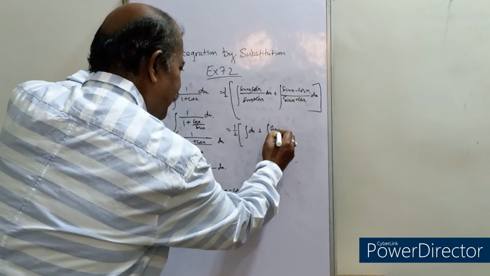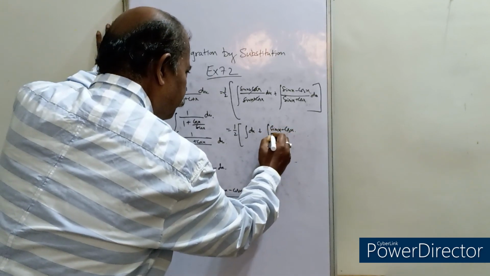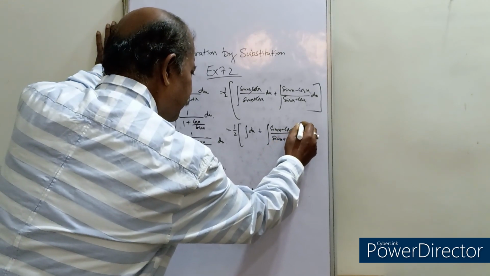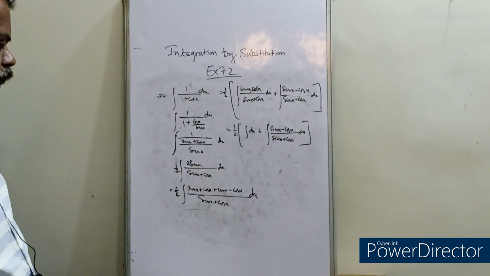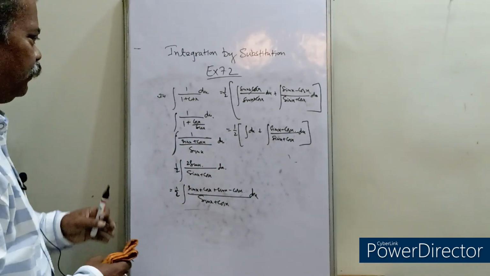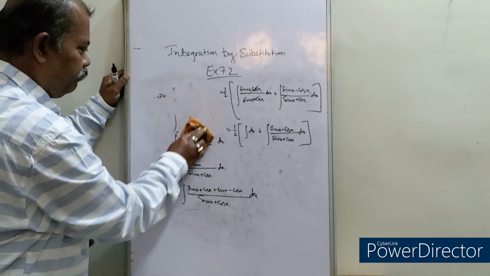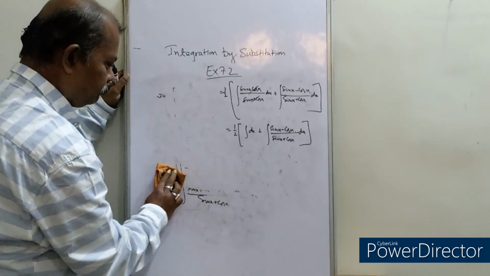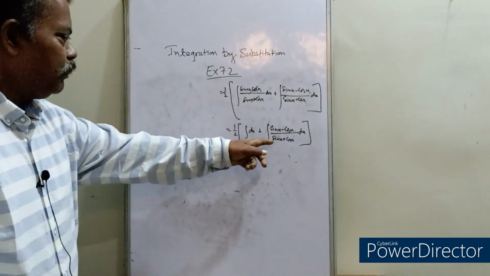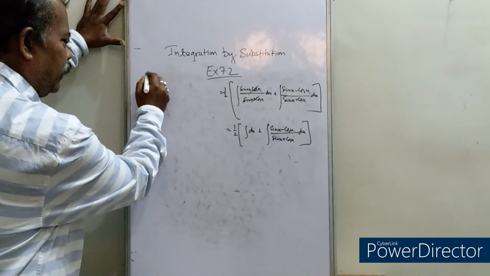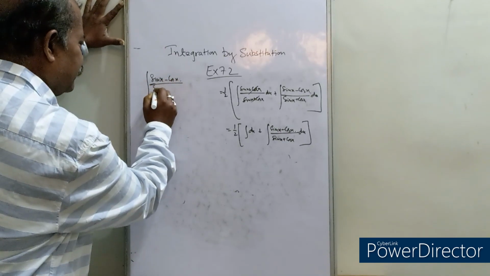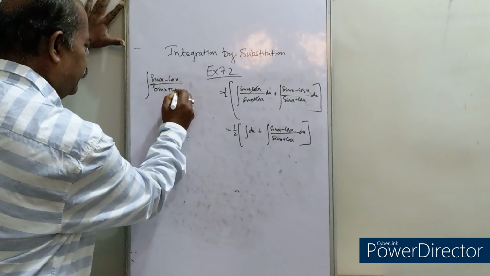For this part, if I take sin x plus cos x equal to t, I am going to do the integration only of this section, sin x minus cos x by sin x plus cos x dx.